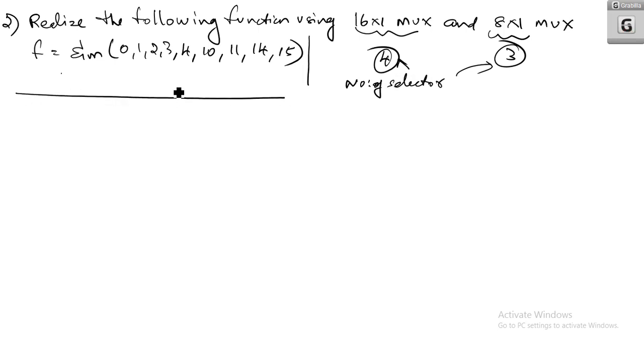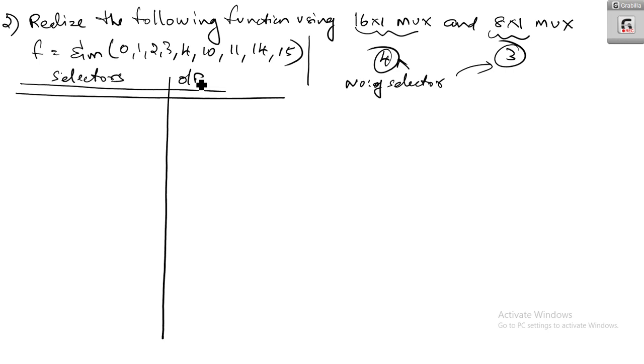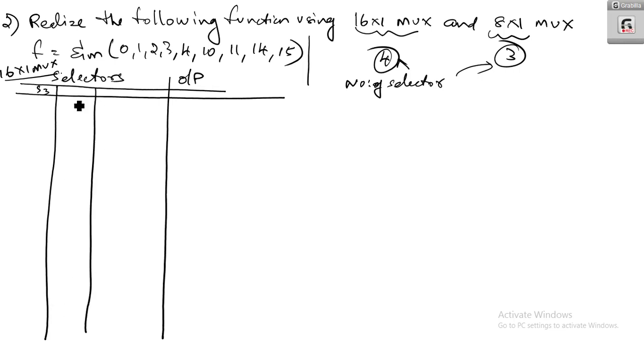So I am having 16 data. So these are the selectors. This is the output. So for the first one, I am going to realize using 16 by 1 MUX. So I am having S3, S2, S1 and S0.